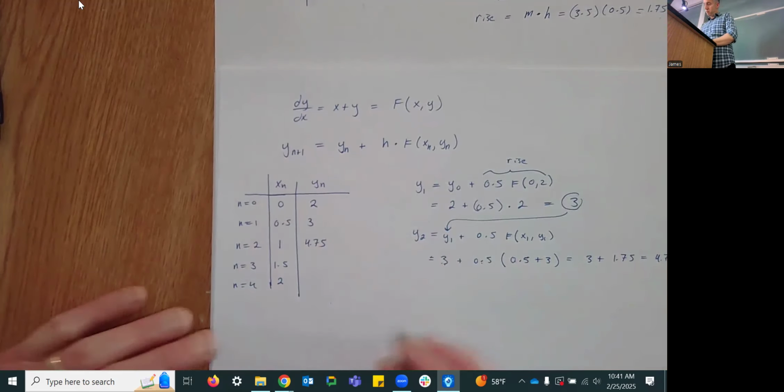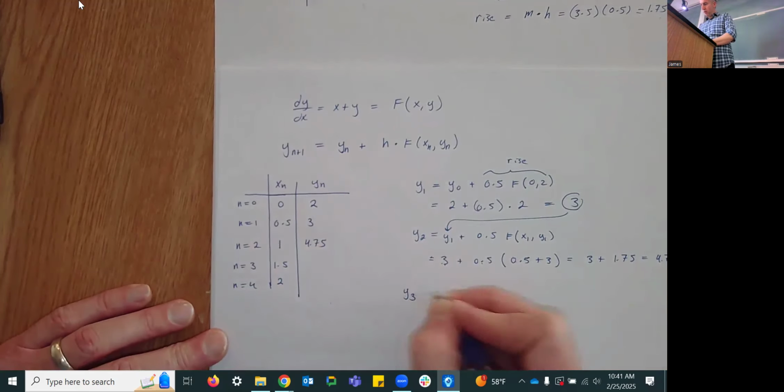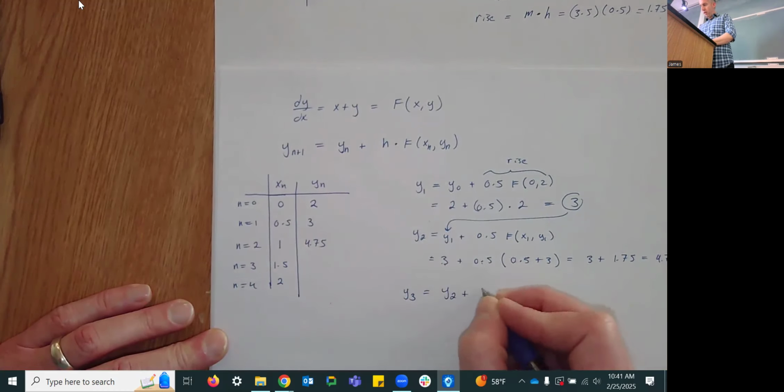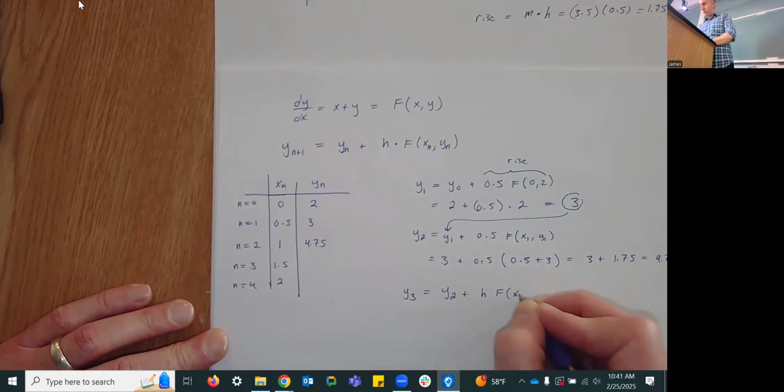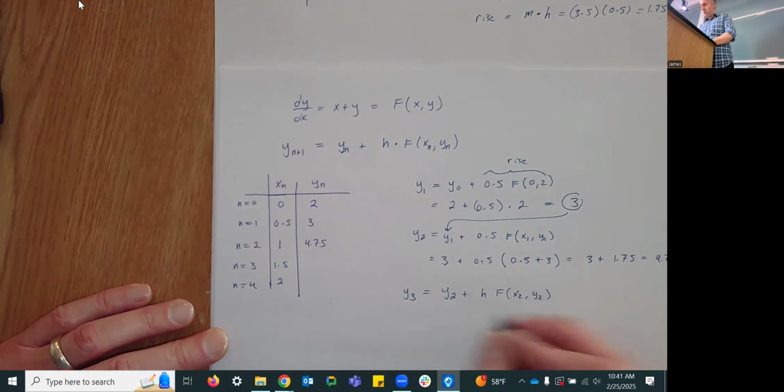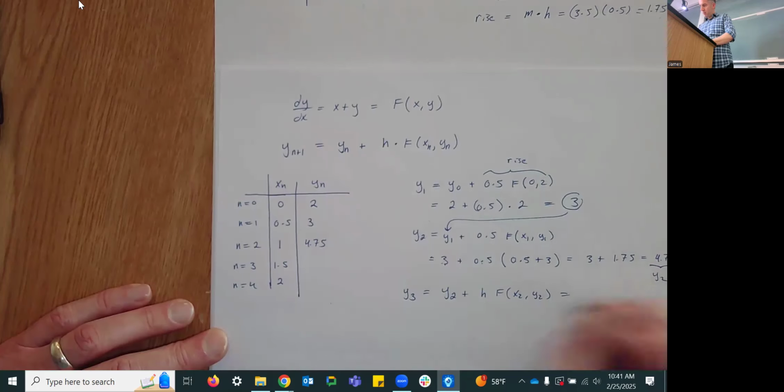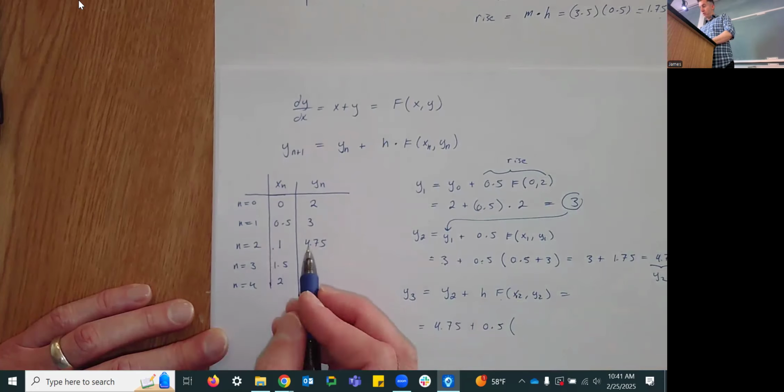Keep it going. Our third y value is going to equal y sub 2 plus our h times f of x sub 2, comma y sub 2, which is just going to be, there's your y sub 2 right there, 4.75 plus 0.5 times f of x sub 2, which is 1, and y sub 2, which is 4.75.